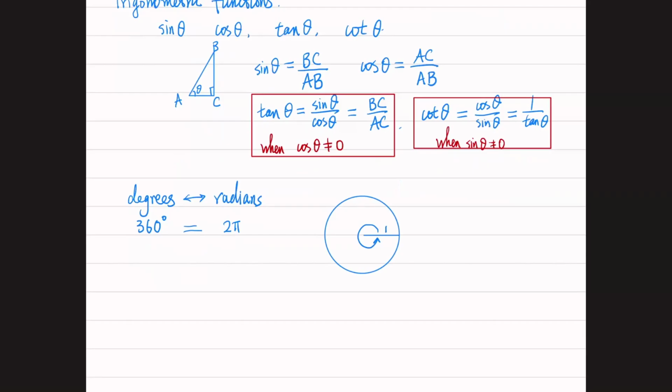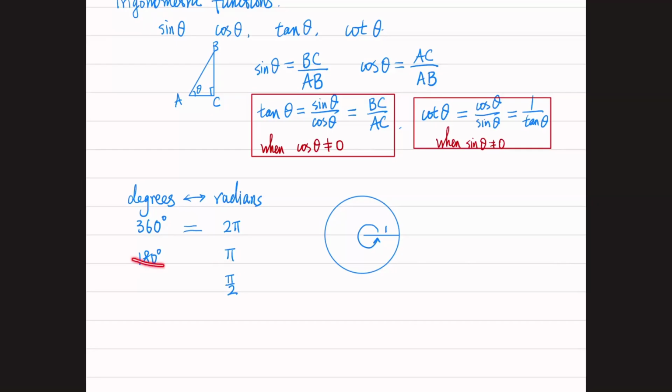Okay, George, what is pi? Pi is 180 degrees. Amy, what's pi over 2? How do you compute this? Do not check your paper.